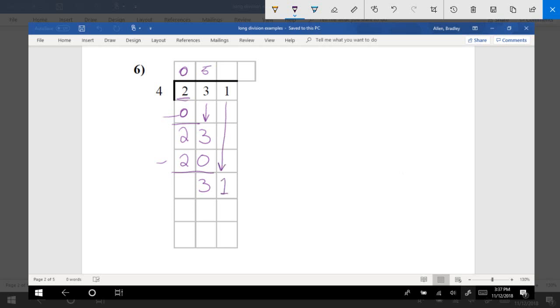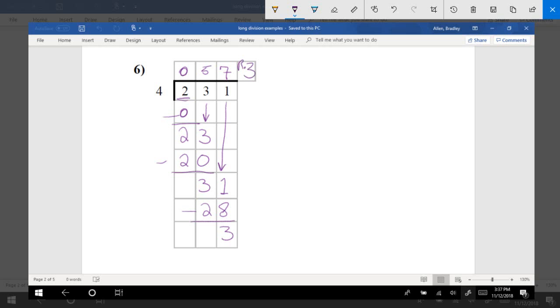Okay. And 4 goes into 31 how many times? Okay, hopefully you paused, or maybe you're thinking. I'm kind of giving you some think time. 4 goes into 31, not 8 times, because that'd be over. So I'd go 7 times. Let's see. 4 times 7 is 28. 3, and there's nothing else to bring down, so 3 actually is our remainder.